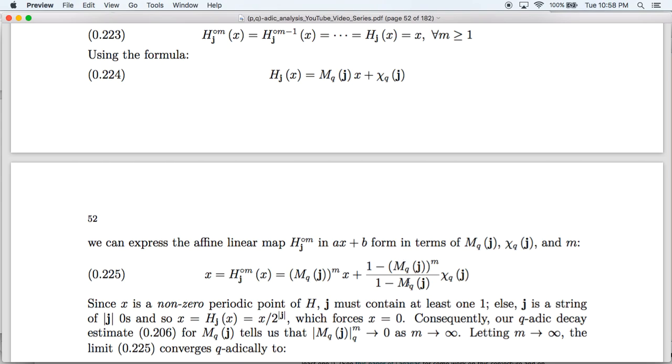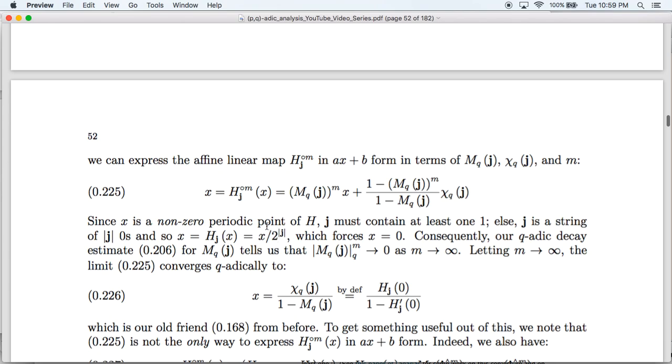Thus, mq of bold j has a q-adic absolute value that is strictly less than 1, because it's going to be q to the power of negative the number of 1s in bold j. So that means mq of bold j to the m is going to decay q-adically to 0 as m approaches infinity.